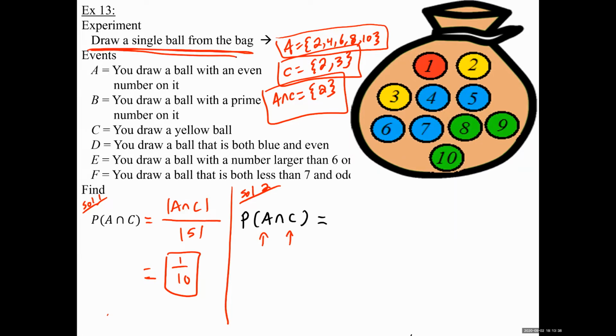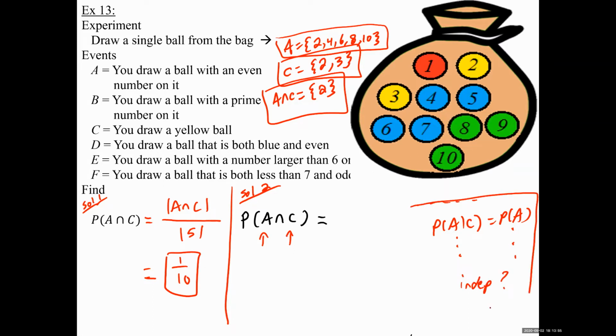So how do I know if they're independent? Well, either you have to do a separate calculation first to see if they're independent, which would go something like this, and you'd have to figure out if these numbers are the same, and then you would know if they're independent or not. Okay, so you could do a whole separate calculation to see if they're independent first. But I don't advise you to do that, but you could.